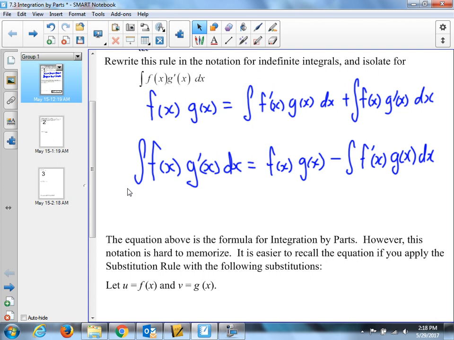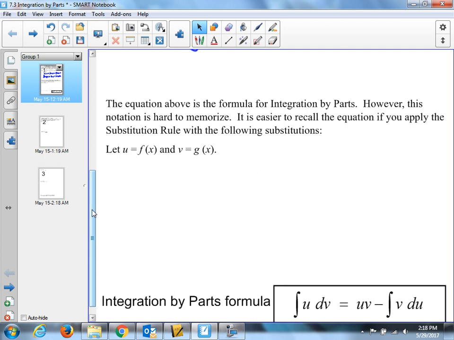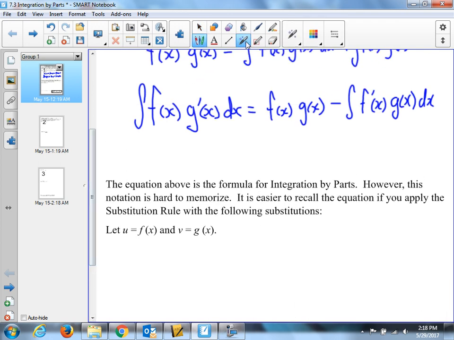We'll let u equal f of x and v equal g of x, okay? So u and v instead of f and g for our functions. And this is common. This is what you see in most textbooks. So what we have above here, we're going to substitute this in, then what's du?